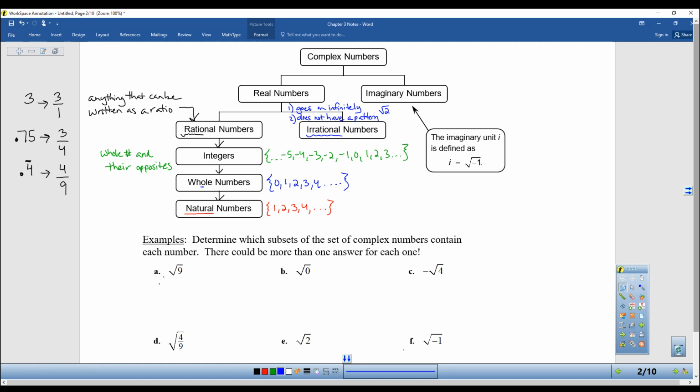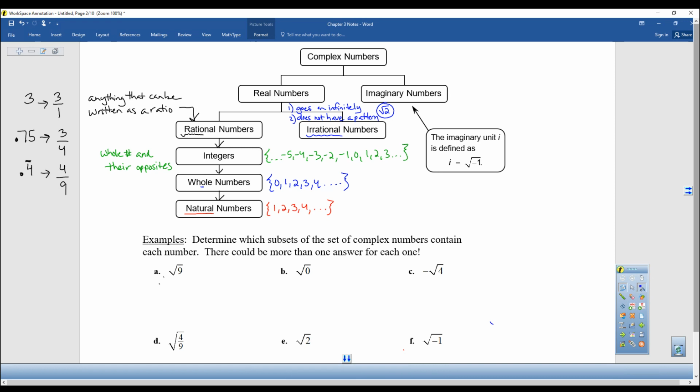So I always remember these as somebody who is being irrational. Not only do they just keep going on and on and on, but they don't have a pattern. They're not making any sense. They're being completely irrational. So pretty much there's 2 things that you have to look for with irrational numbers. One is any kind of square root that cannot be simplified. So the square root of 4 is not on my list, because that could be made into 2.